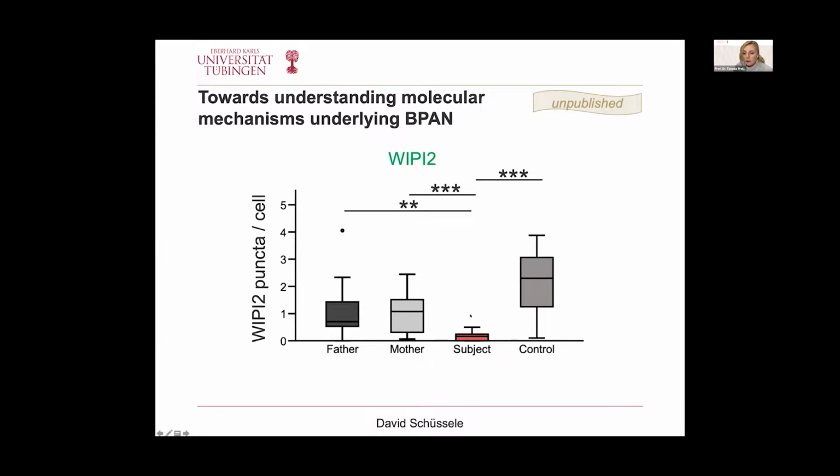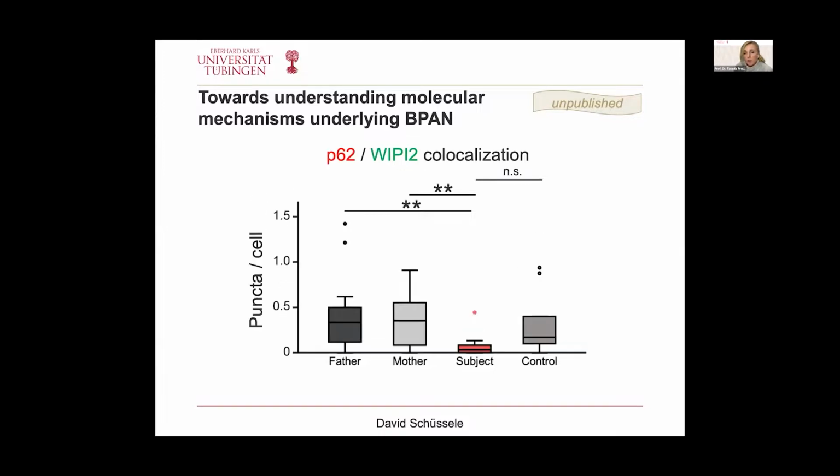Likewise, the numbers of WIPI2 puncta per cell decreased significantly, and those puncta show autophagosomal membranes. So we have less autophagosomal membranes and less autophagic flux. We also addressed with this automated system the rare event of P62 and WIPI2 co-localization, and that also dropped.